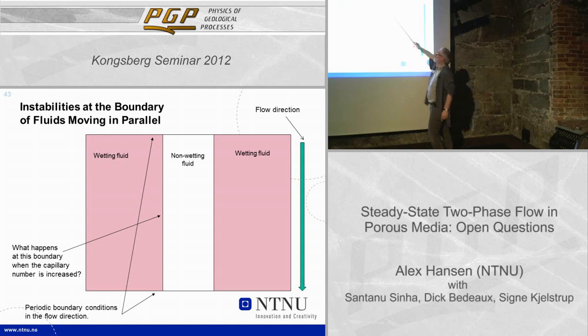In between you have a non-wetting liquid. So you can imagine that this, for example, is inside a porous medium, and I have a big blob of non-wetting liquid sitting inside wetting liquid. And the wetting liquid is now flowing. What happens to the surface here?